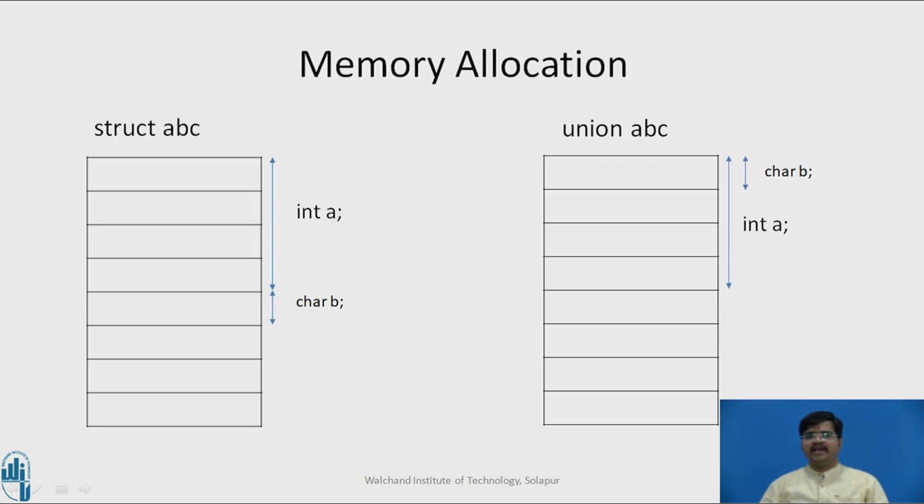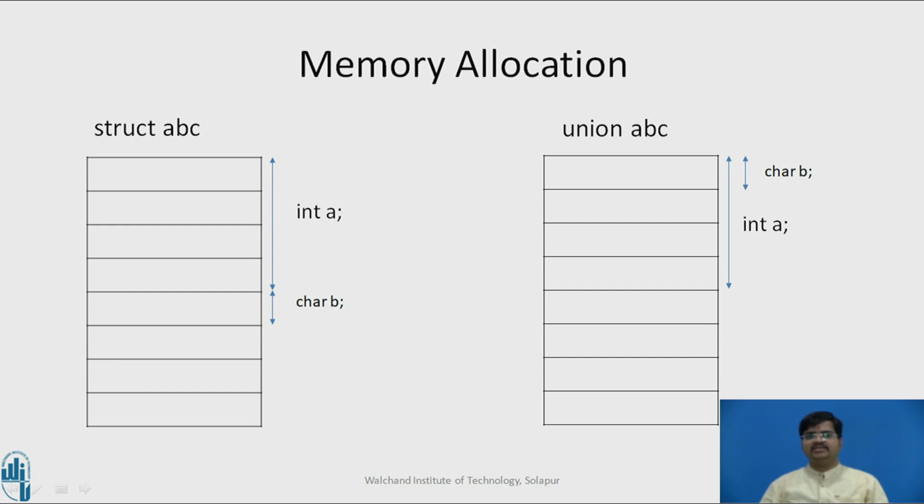Just observe the diagram of memory allocation for struct and for union. In the diagram for struct, the integer requires 4 bytes, so 4 boxes are allocated, where one box denotes one byte. The character will take the next byte of memory location.